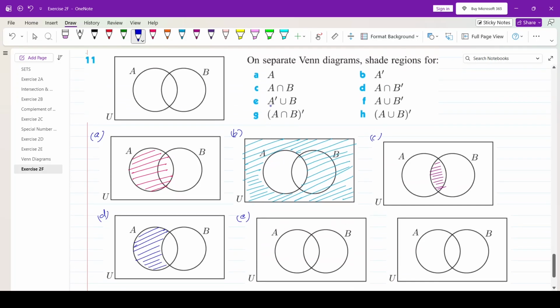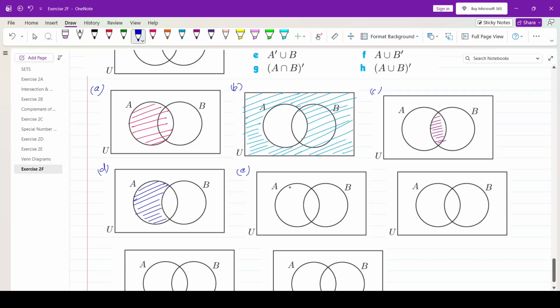Part E says A complement union B. So A complement will be everything outside this circle. So A complement union B will be everything outside this along with this part.